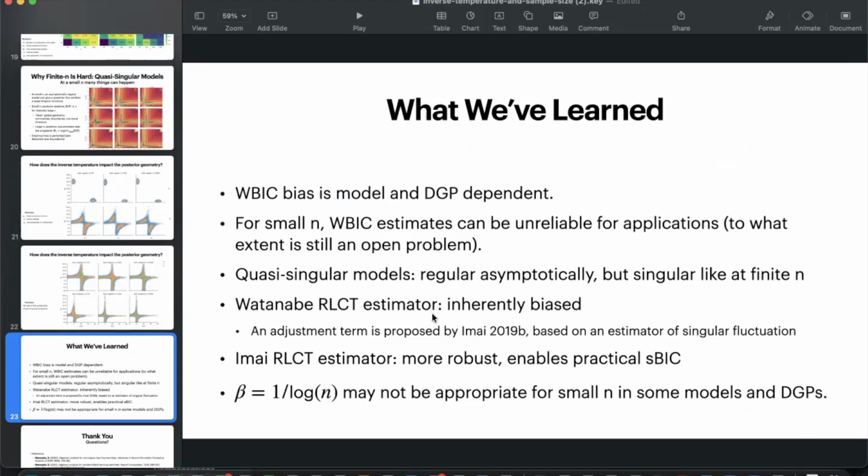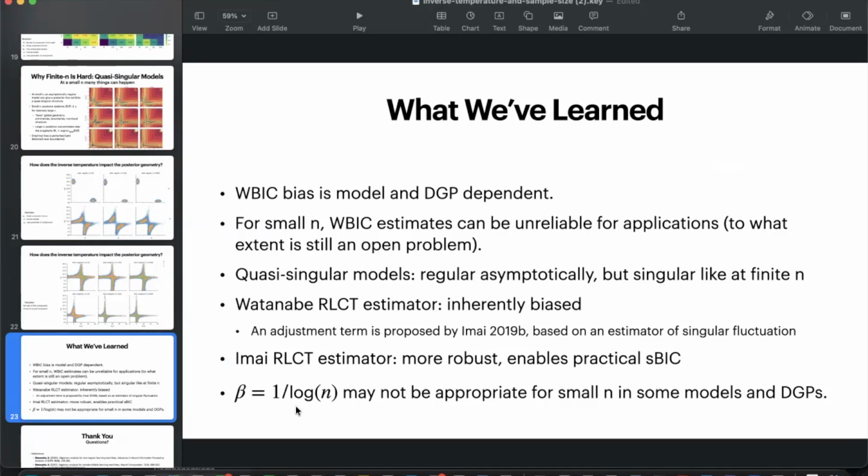You need to either correct it by estimating the singular fluctuation or apply other techniques. The Imai estimator is a bit more robust and enables other free energy approximations by using techniques similar to SBIC.